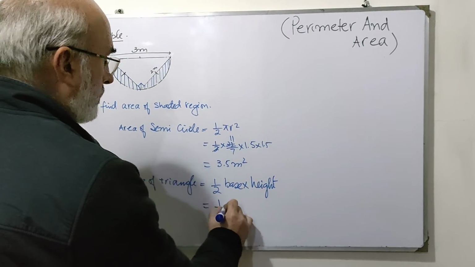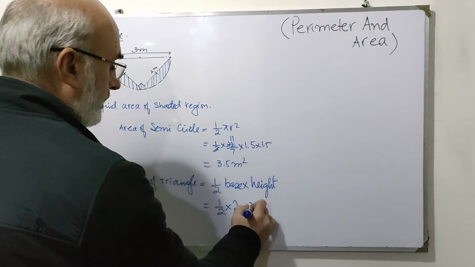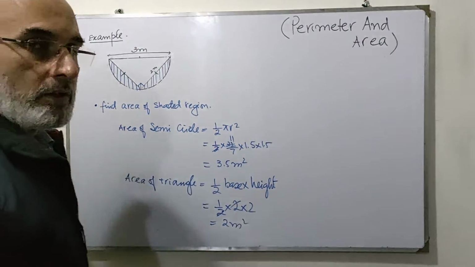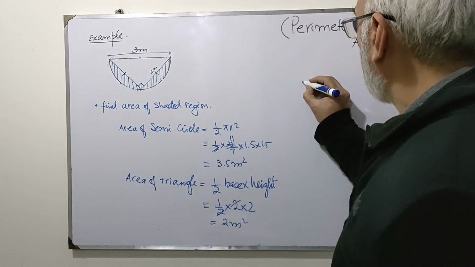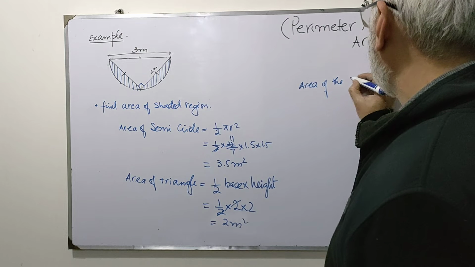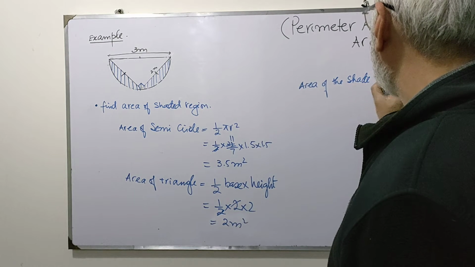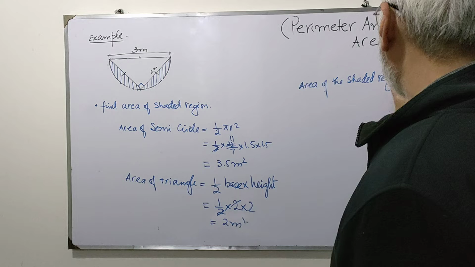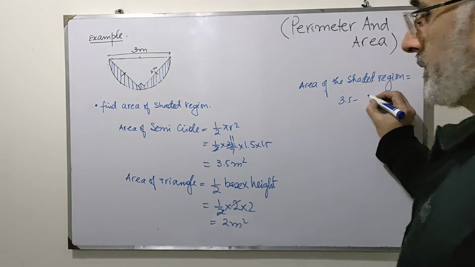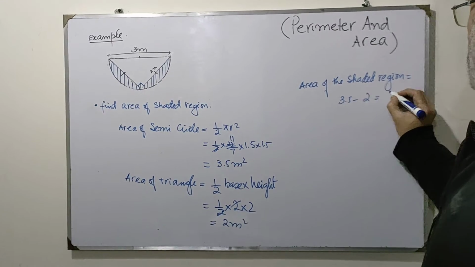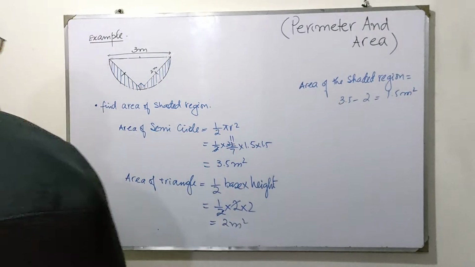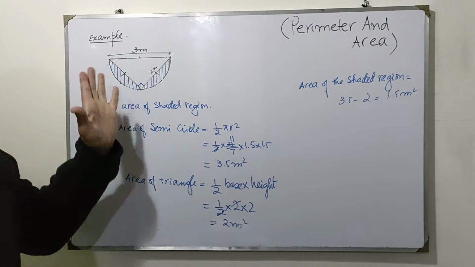So base is 2, height is 2, so it is 2 meter square. Now the area of the shaded region equals 3.5 minus 2, which is equal to 1.5 meter square. So we have calculated the area of the shaded region from this figure.